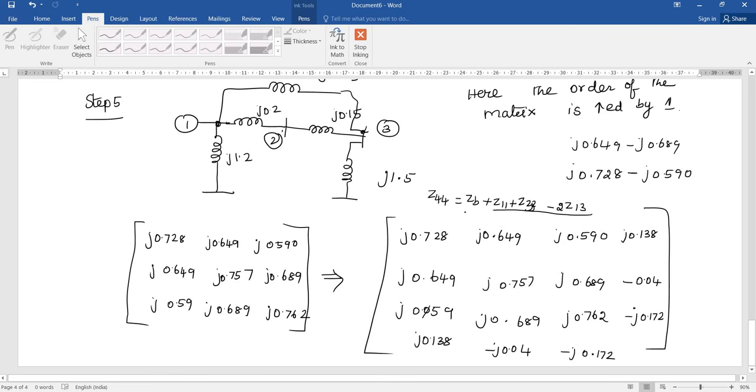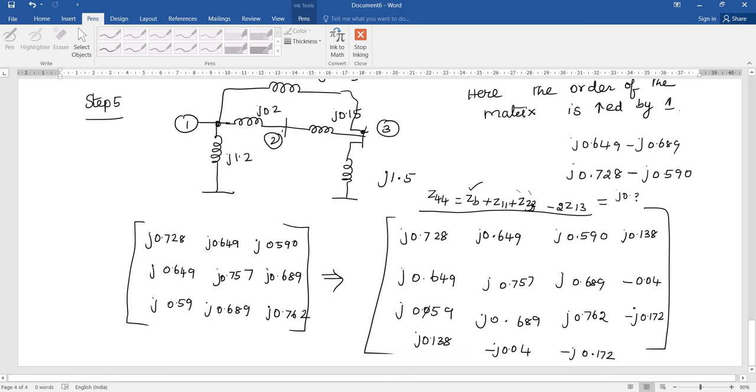So this is the equation used to find it. How to remember this? ZB, that's the element. Z11 is the first element of the 3 cross 3. This is the last diagonal element of the 3 cross 3. Then 2 into Z13. In this way, I have to remember this and substitute the values here.